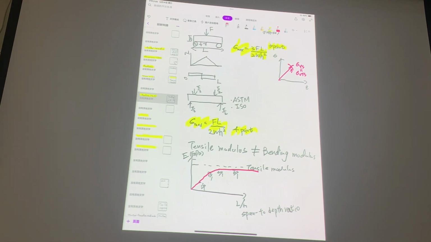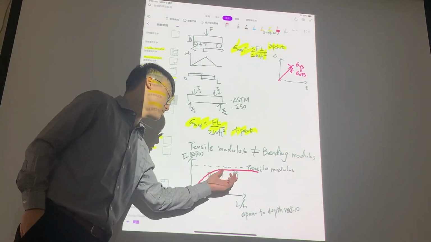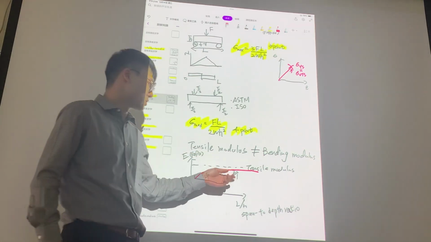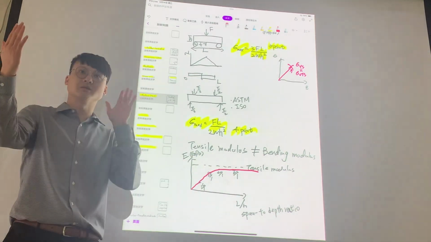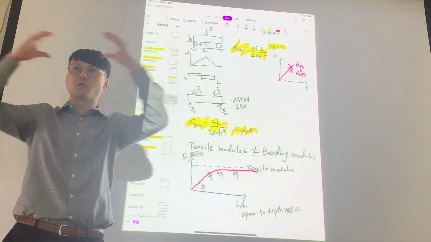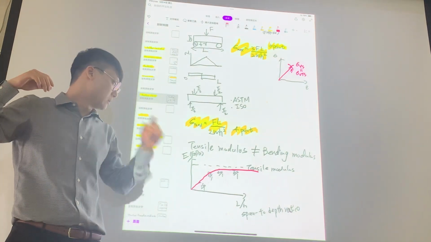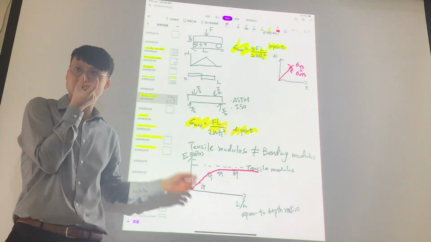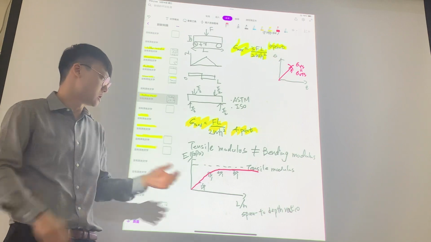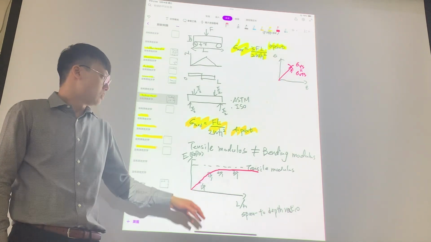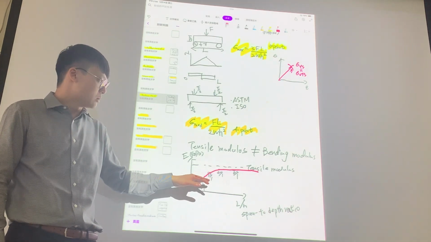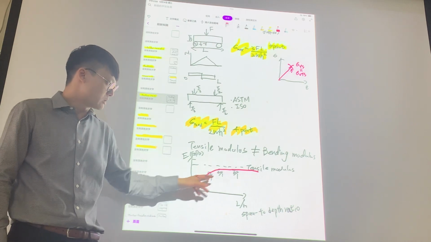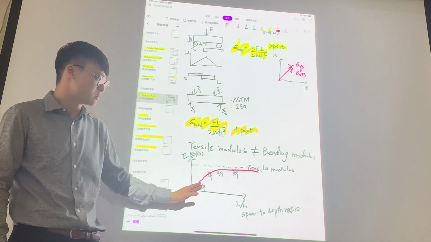Okay? 所以就是这个 span to depth ratio. So 1 to 60 means that your specimen is very wide and very long. Okay? And 1 to 16 means that it's very small. Right? 那很小的。Why do you see a big difference over here when we increase the span to depth ratio?